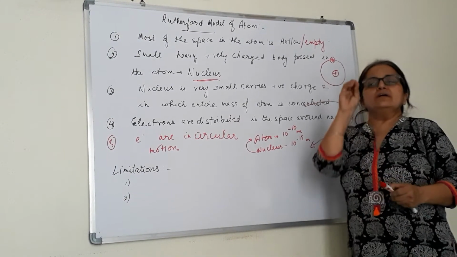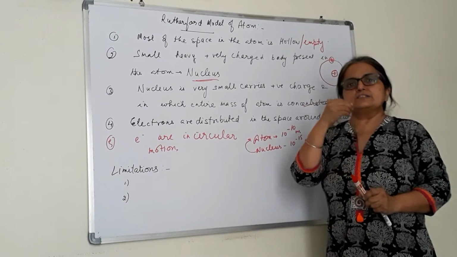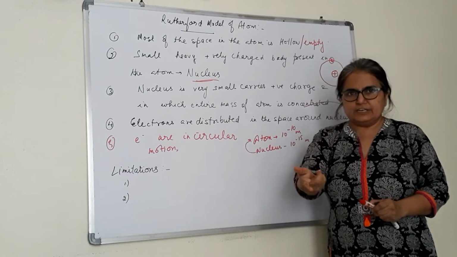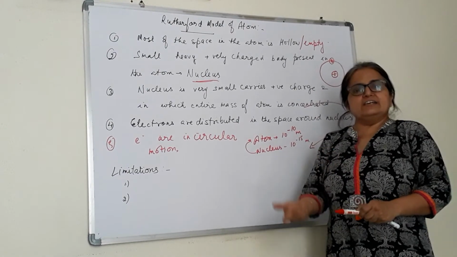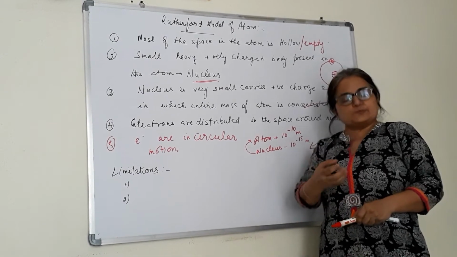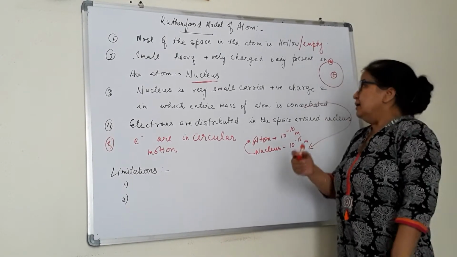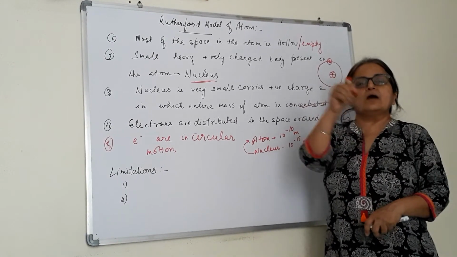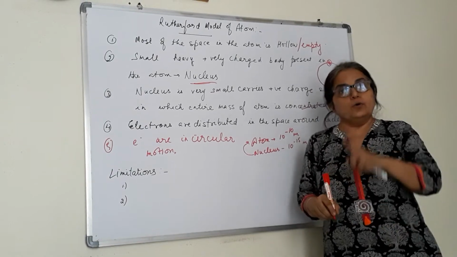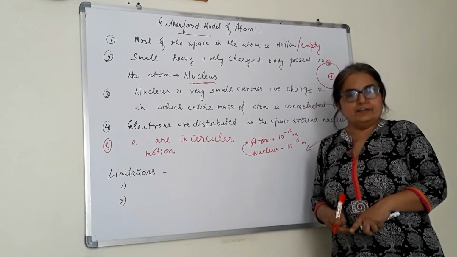It is not stationary. Because when any particle is moving, its velocity is changing. Velocity is changing means there is acceleration. If acceleration is there, there is some force which is pulling it towards itself, that is centripetal force. Because of that centripetal force, the electron is able to revolve around the nucleus, though this point also became the cause of the failure later on.